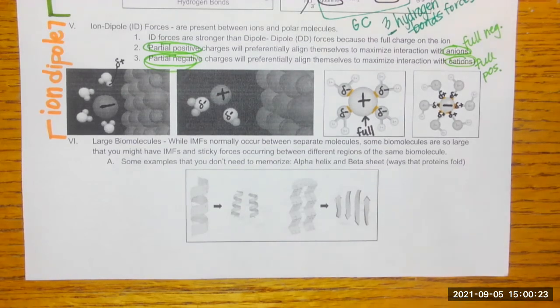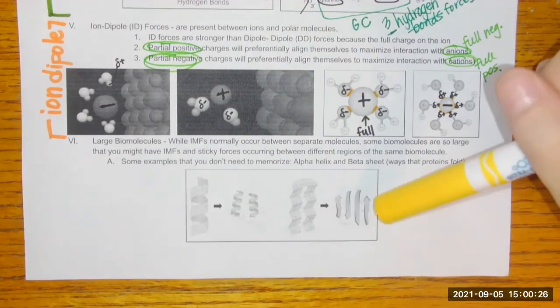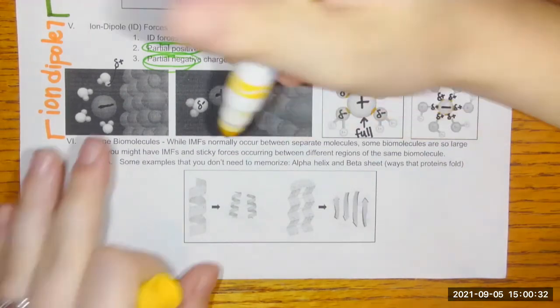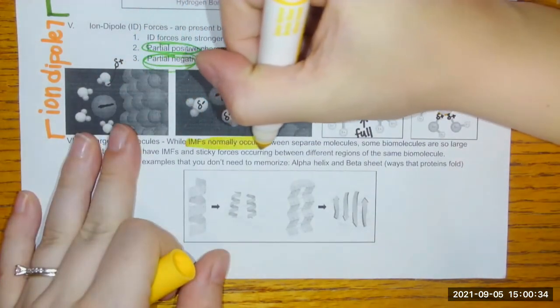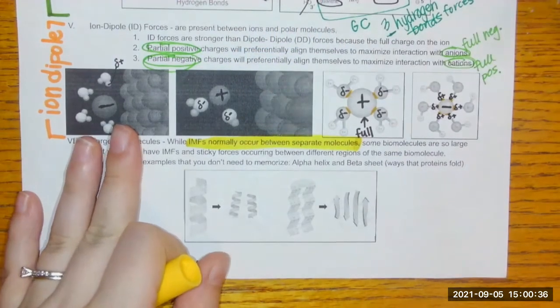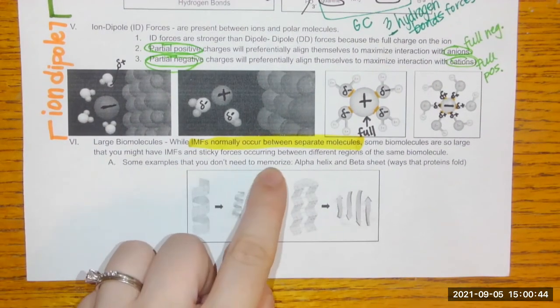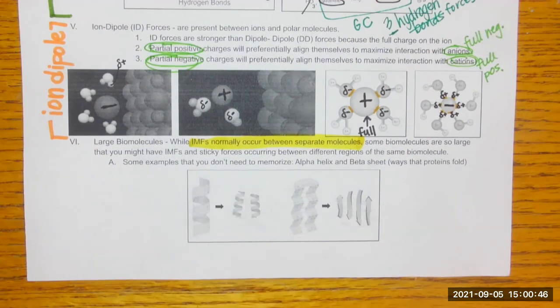Technically that's true, but this is just the little nuance that they want me to teach you. For the most part, I'm still just going to highlight IMFs normally occur between separate molecules, because that's really what we're looking at. See, you don't need to memorize that. Just for AP Bio.